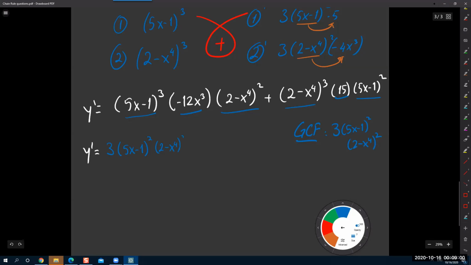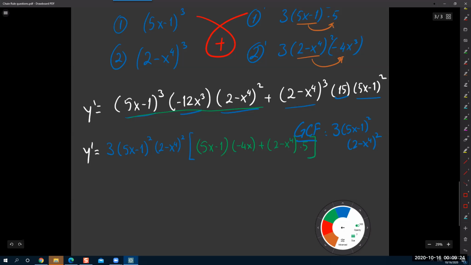What's left here is from the first term, 5x minus 1 times negative 4x, plus from the second term, 2 minus x to the 4th times 5.